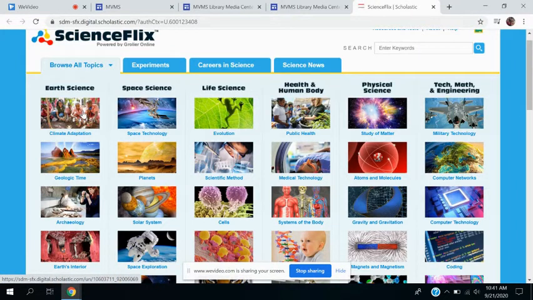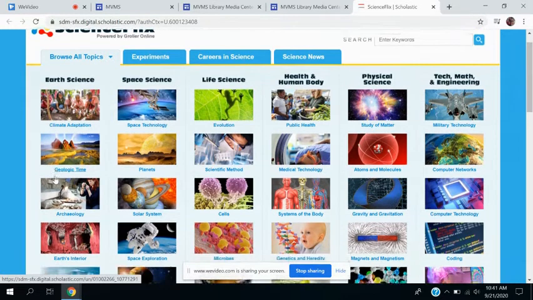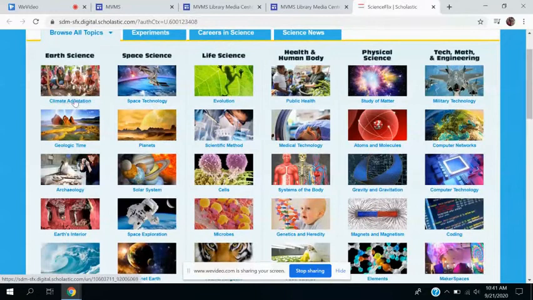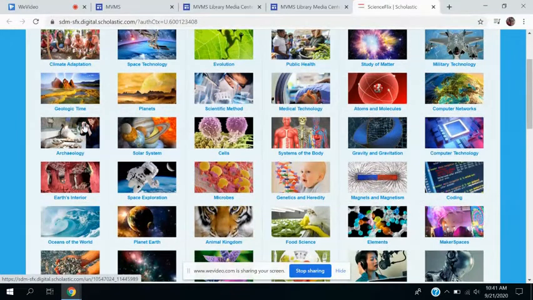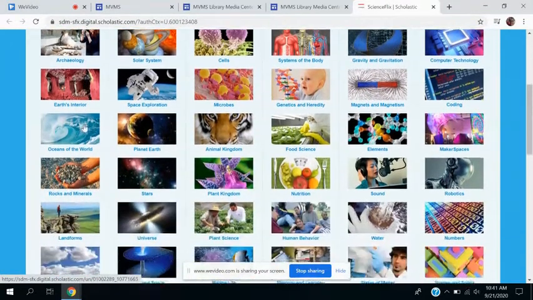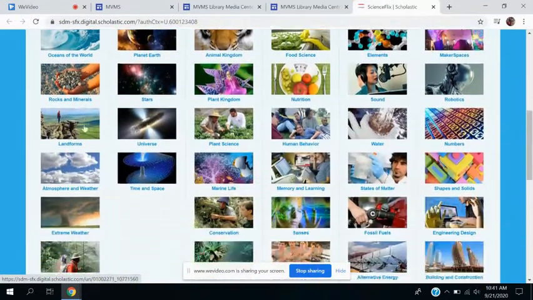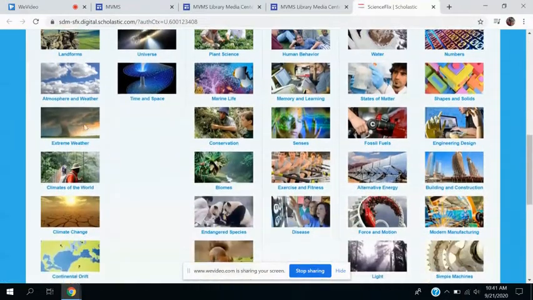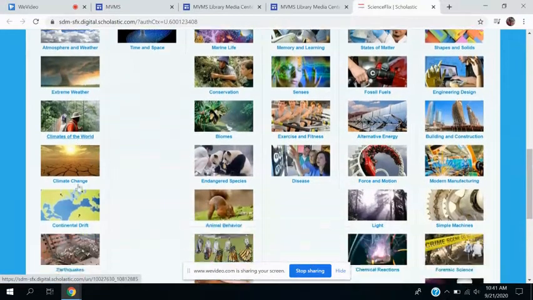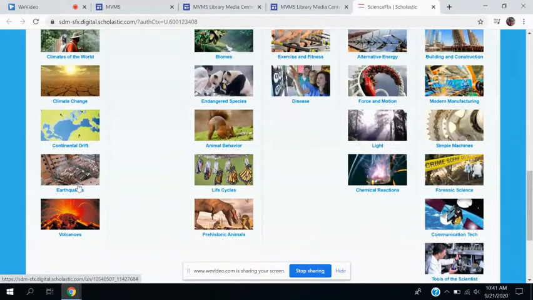You either know what you're looking for or you don't. So when you come on to ScienceFlix, you may have a mission or you may just be exploring. For example, if I come on here just looking for something that sounds interesting, you can just scroll and look, see what we have. Under Earth Science, we have climate adaptation, geological time, archaeology, the Earth's interior, oceans of the world, rocks and minerals, landforms, atmosphere and weather, extreme weather, climates of the world, climate change, continental drift, earthquakes, and volcanoes.